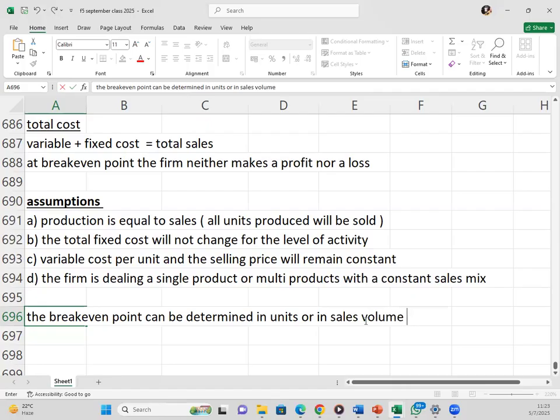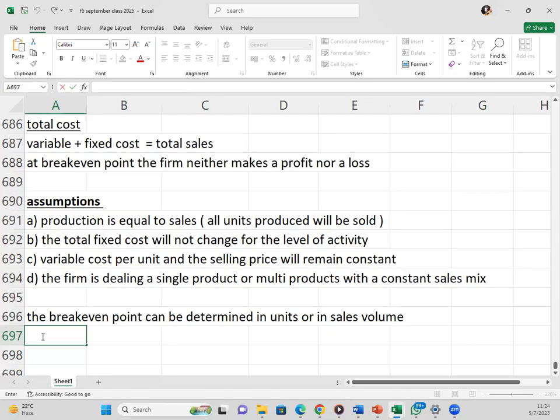We can determine this point using the units produced, or we can also determine this point using the sales we have made.